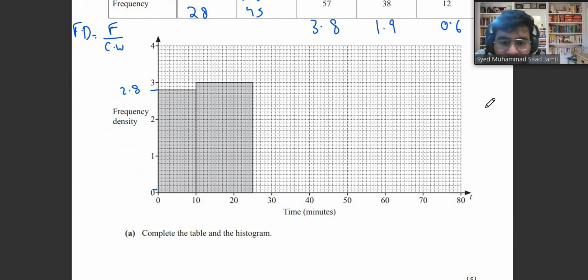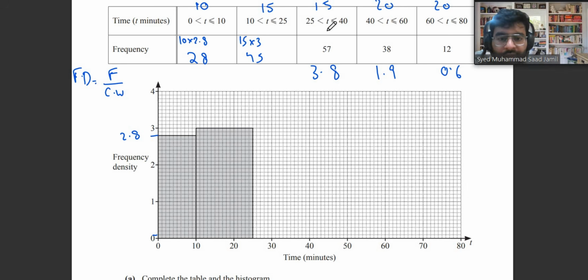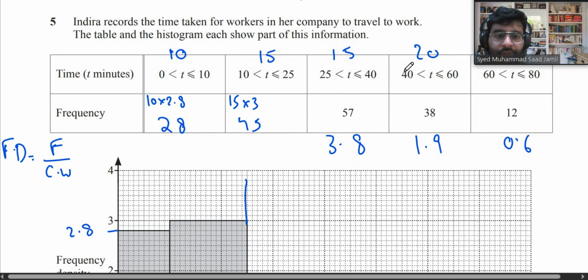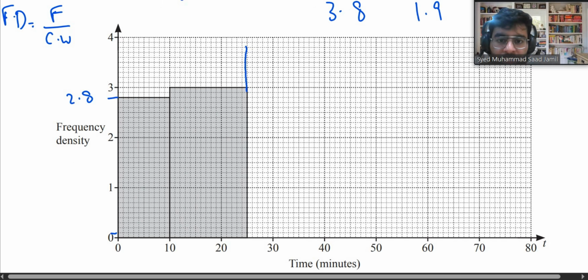So now guys, look, from 25 to 40 it's 3.8, so the bar is going to be here, all the way up till 40 at 3.8, like this. You guys use a scale.